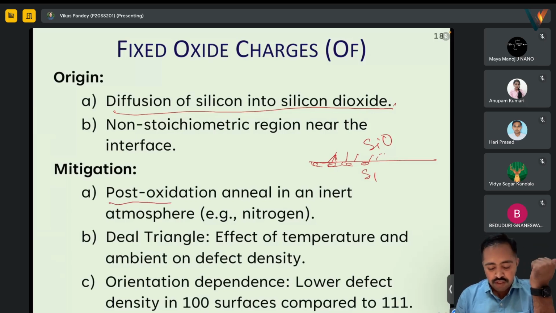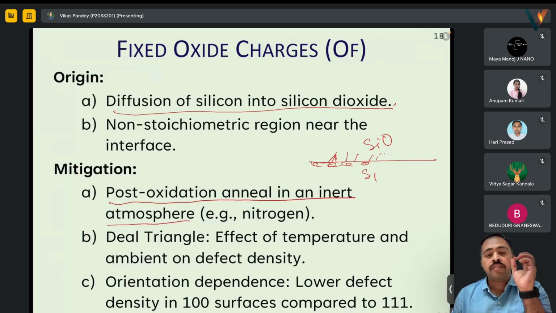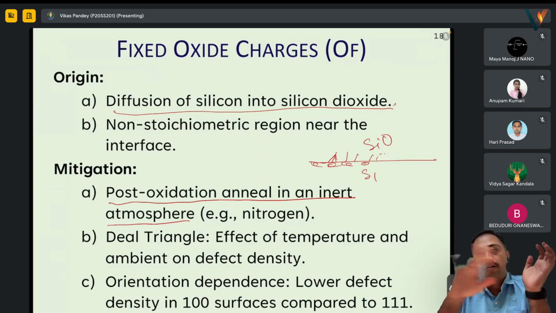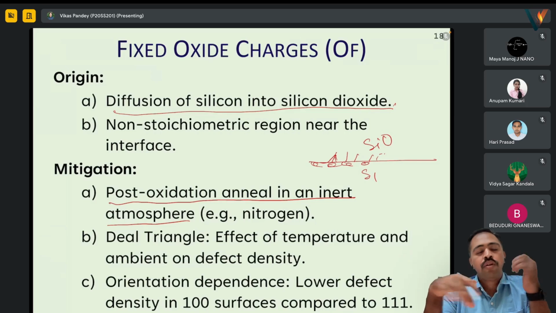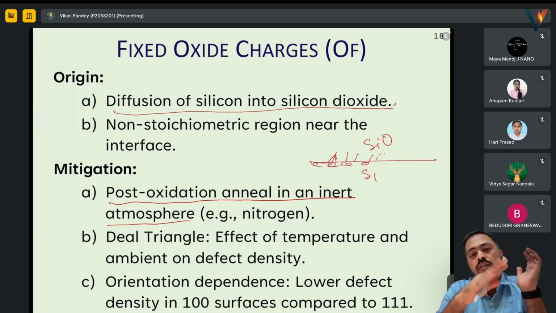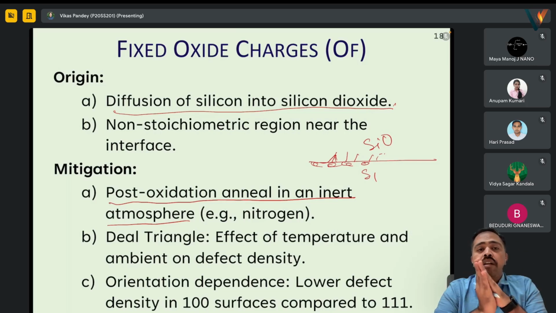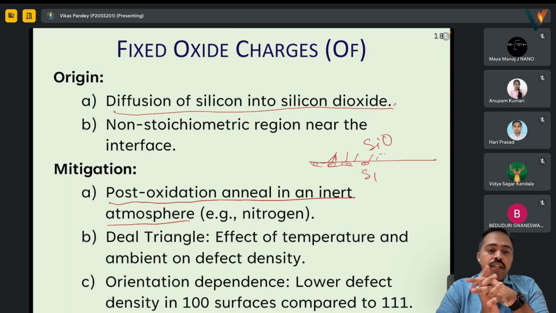First is post-oxidation anneal in an inert atmosphere. Like you saw, once oxygen is out, we keep annealing for some time with nitrogen. This gives us a better interface and lower fixed oxide charge.